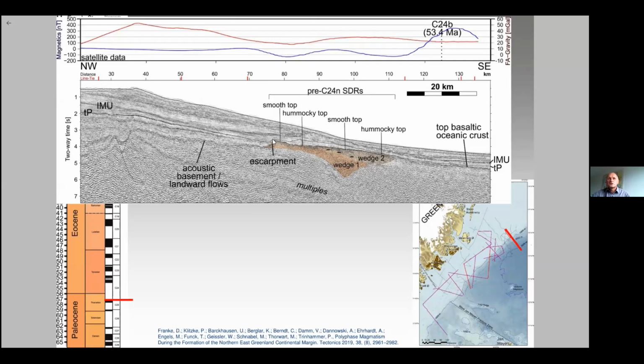And the SDRs here, two wedges with a very nice escarpment similar to the Vøring margin. Those SDRs are clearly positioned landward of the magnetic anomalies. So that means these were in place before that anomaly did develop, and this means we have a timing for these. That's probably C25 or possibly older, but the upper limit is in the late Paleocene. These are pre-Eocene SDRs here.